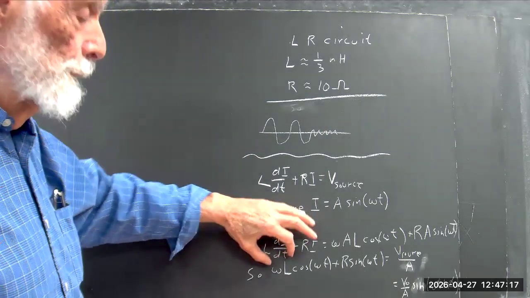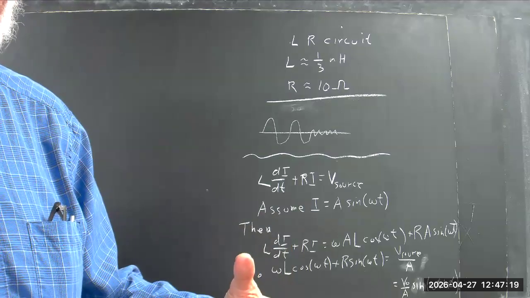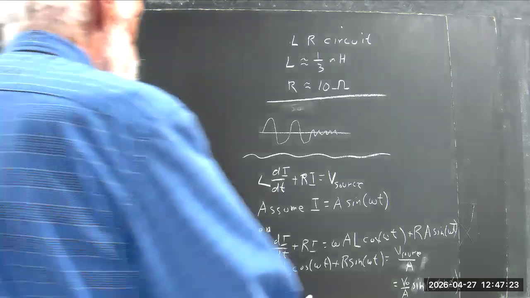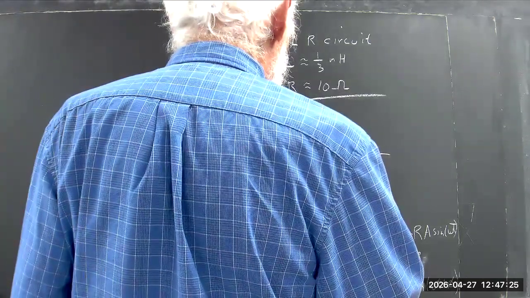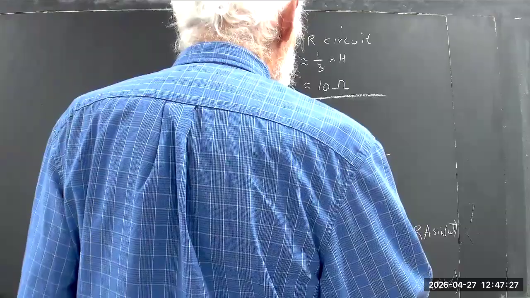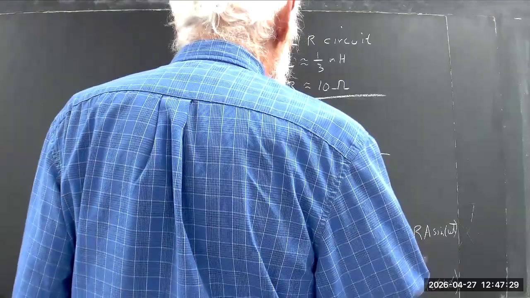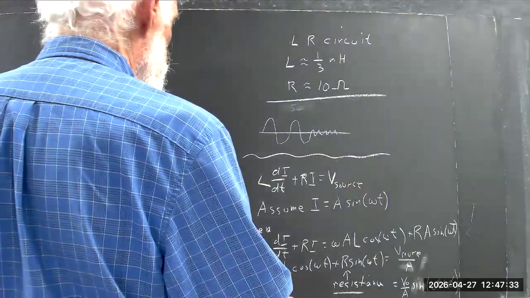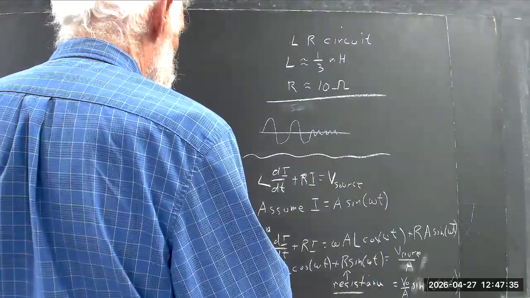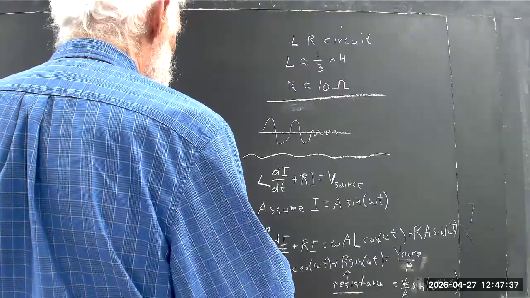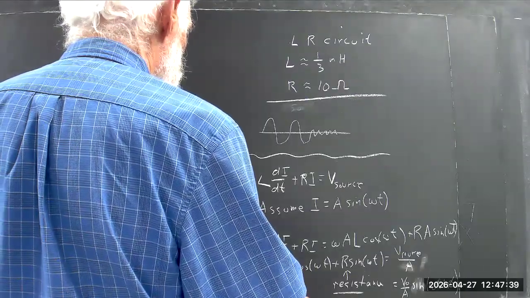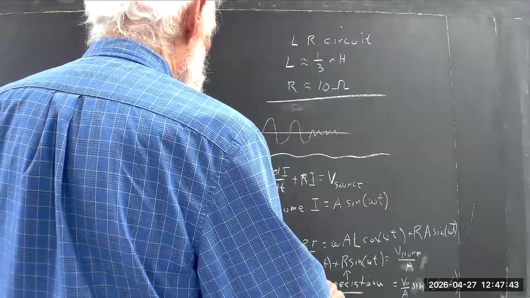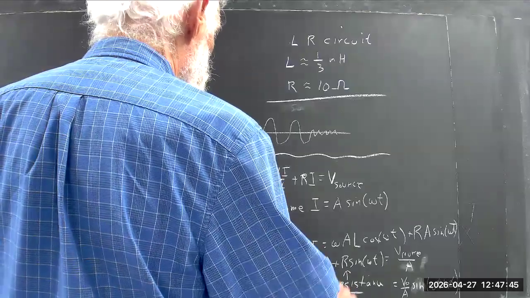But that means omega L is like a resistance, a number with units of resistance.